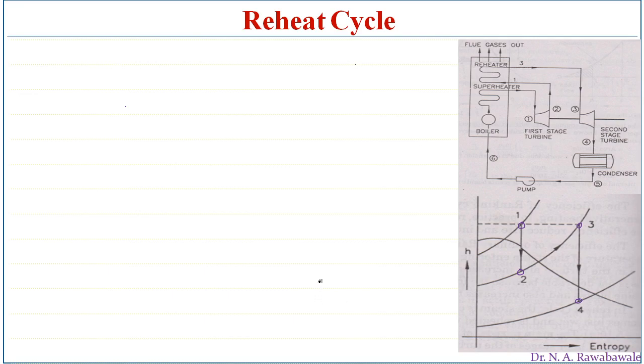So here the work done is divided into two stages, whereas heat supplied is also in two stages. So first heat is supplied from, say for example, point 6 to 1.